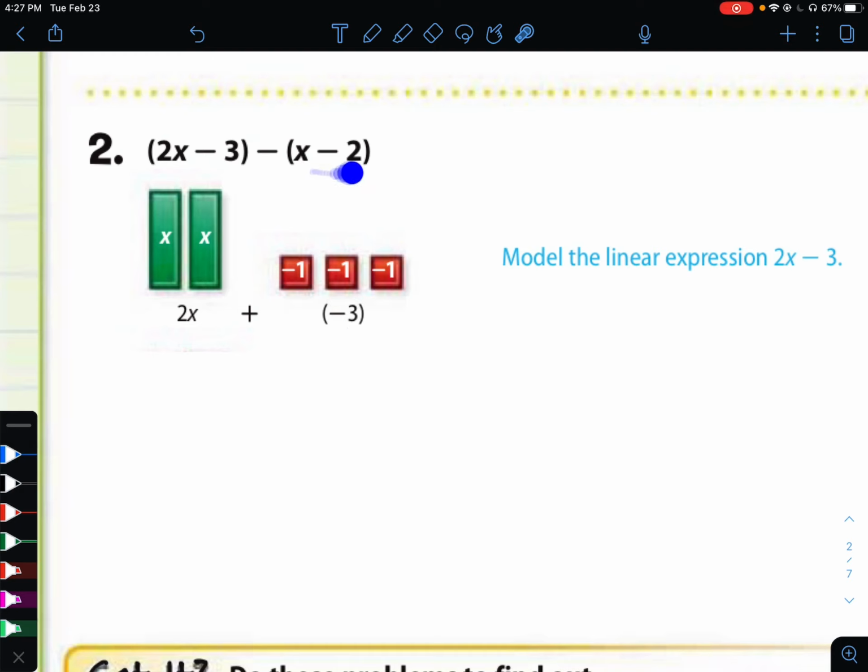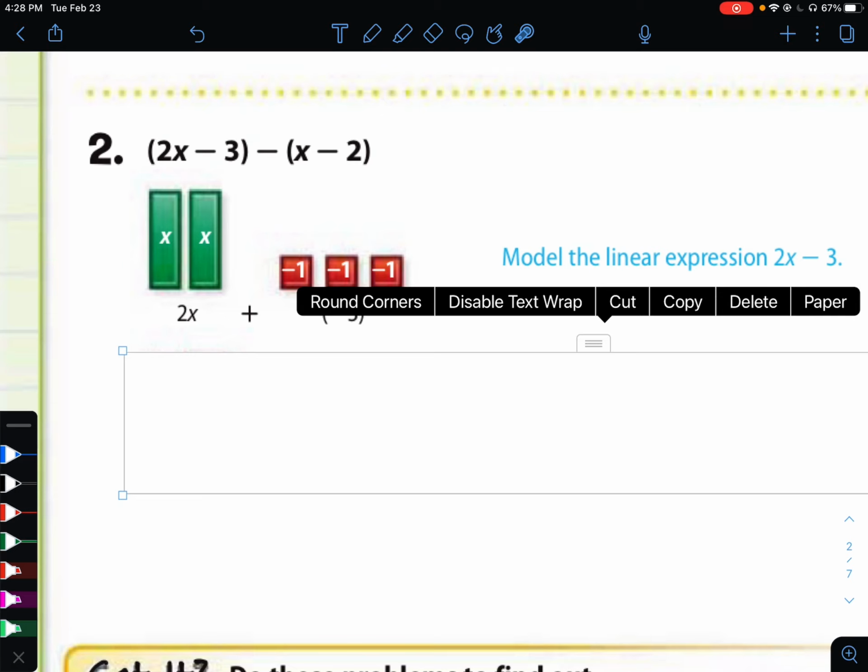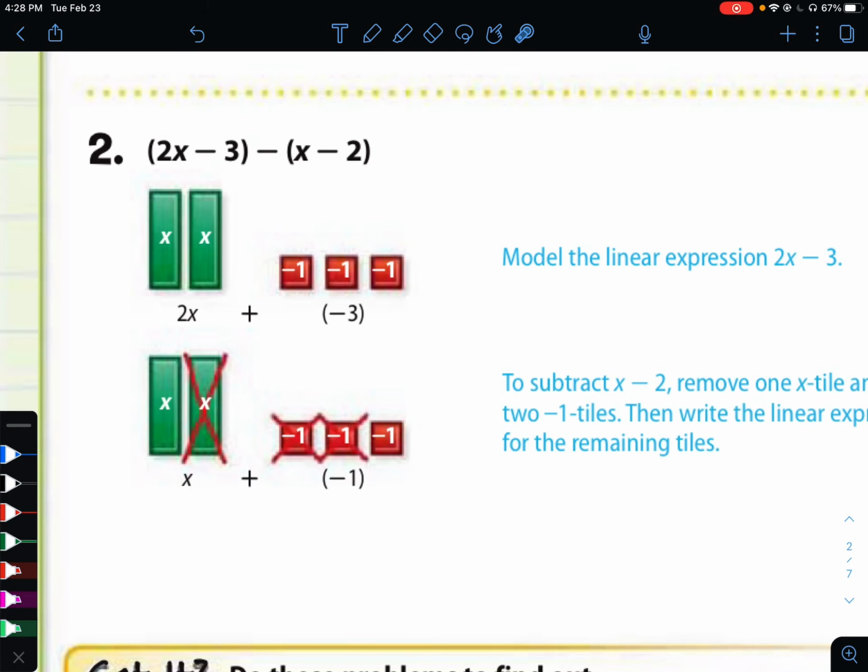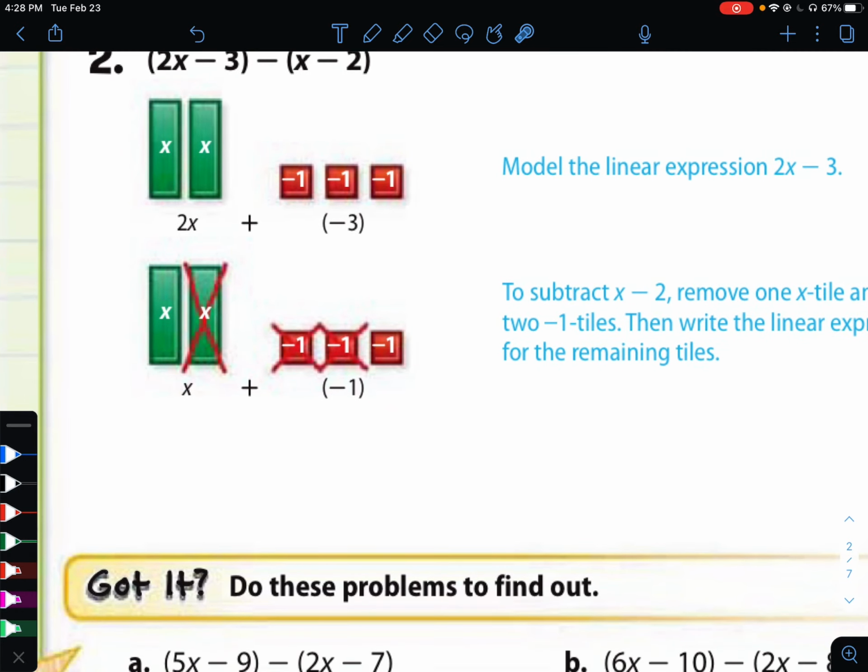If we want to subtract x minus 2, that means we need to get rid of one x tile and two negative unit tiles. This is how it's going to look. You get rid of one x tile, you get rid of two negative 1 unit tiles, and you're left with one x tile, that's x, and negative 1 unit tile. So that becomes x plus negative 1.